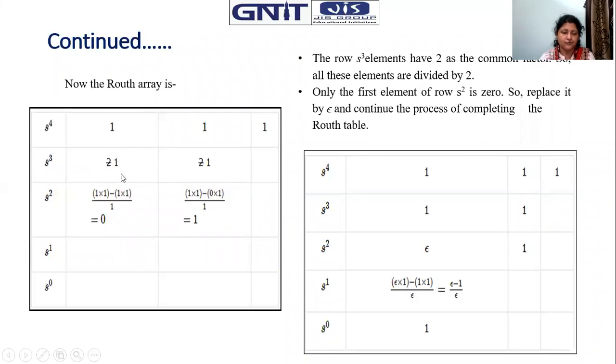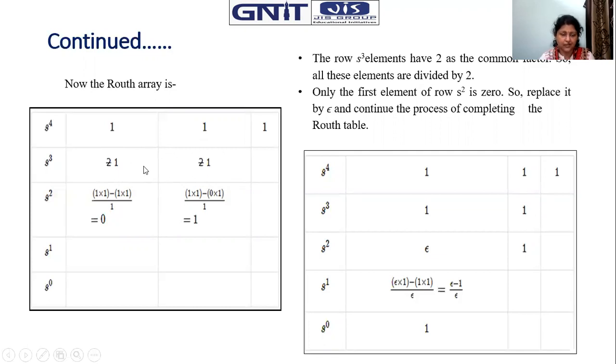So we have to move on to get the entries of the next row. Here we divide both row elements by the same factor 2, for simplification purposes. So we get 1, 1.